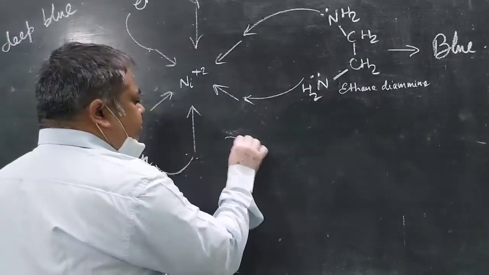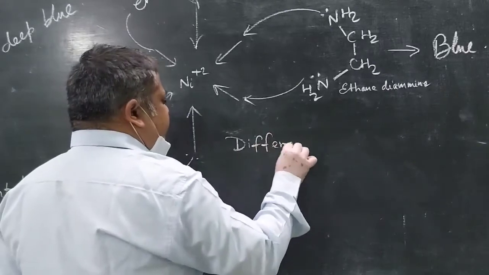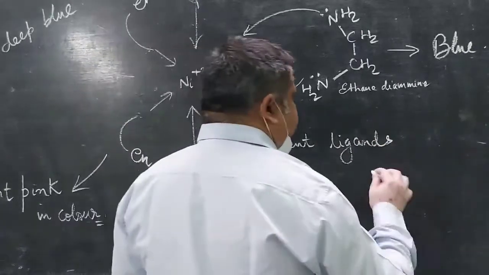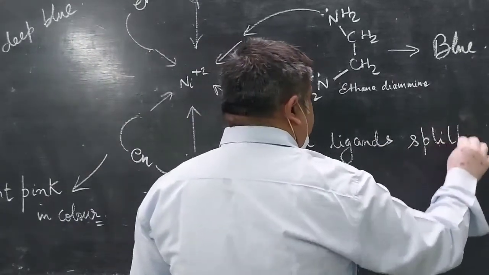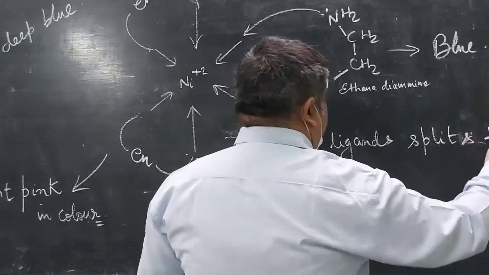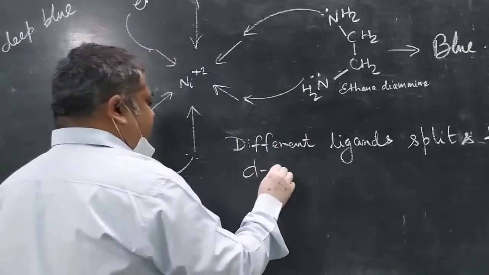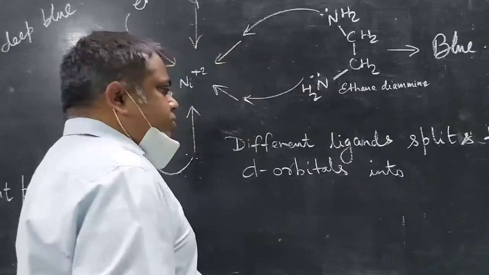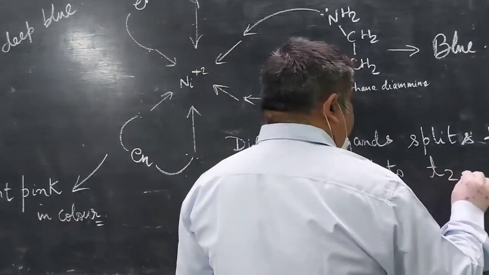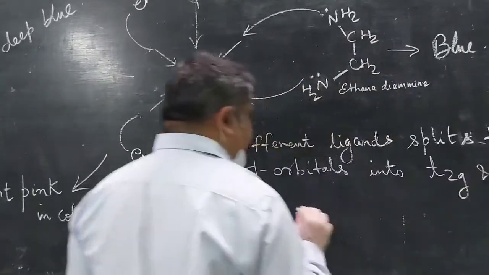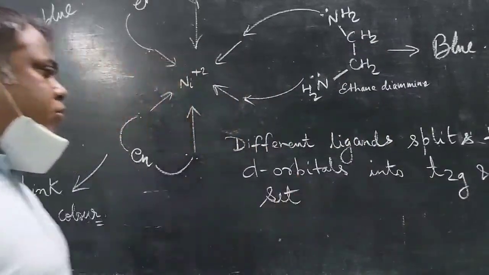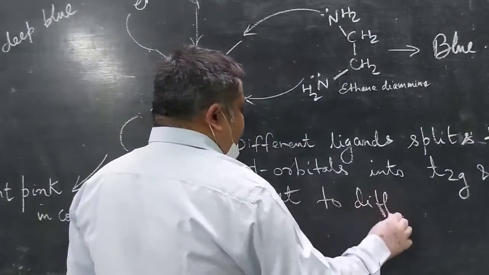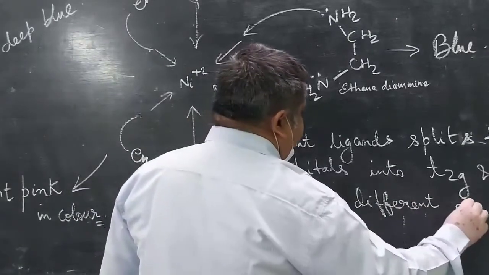This shows that different ligands split the d orbitals into T2g and Eg sets to different extent.